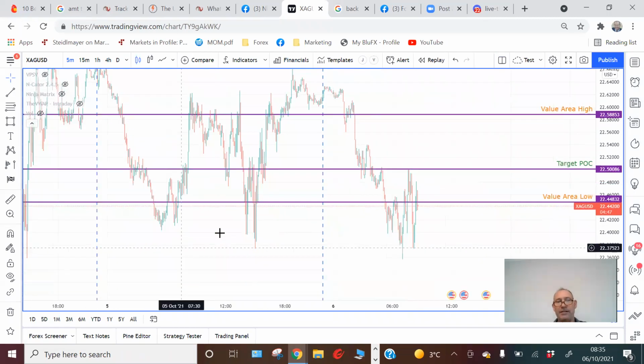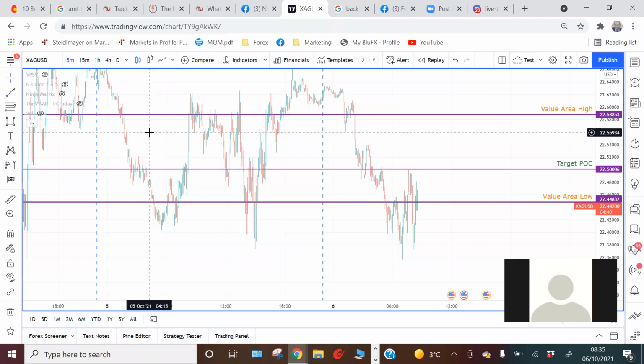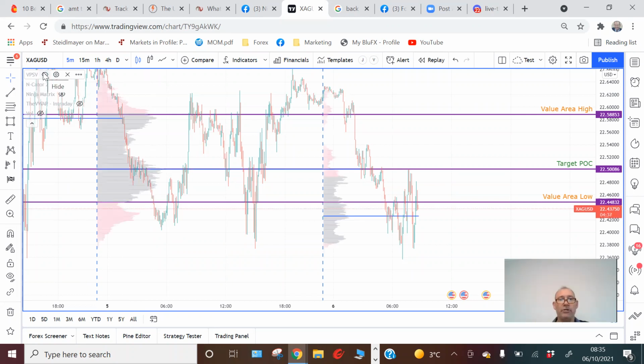Okay, so that's today. Orange is going to go back in time 1 day. But we've done that. And all I do is draw my 3 lines: 1, 2, 3. Value area high, value area low, target. Can you see that at all?